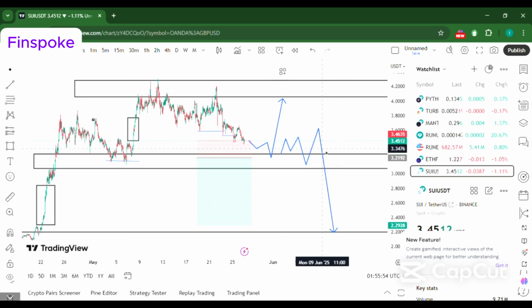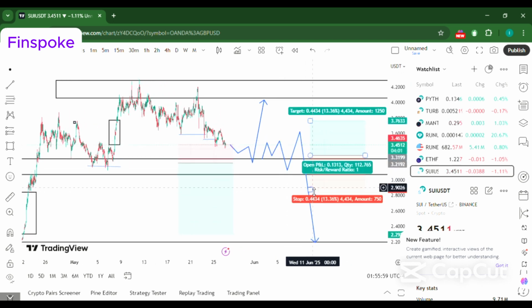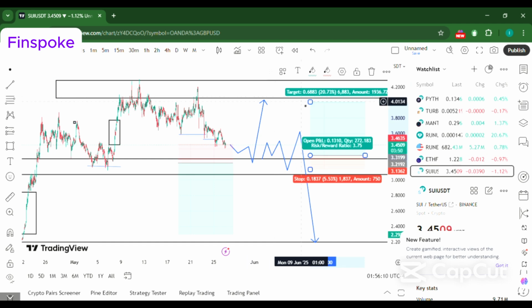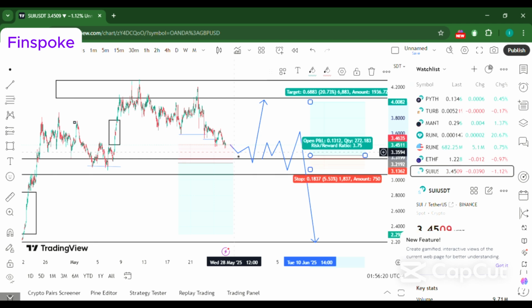You take a long position and target this supply zone. So you see that we actually identify two opportunities from this 1 hour time frame. But then we need to be patient.